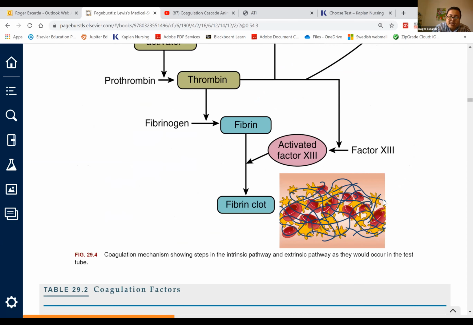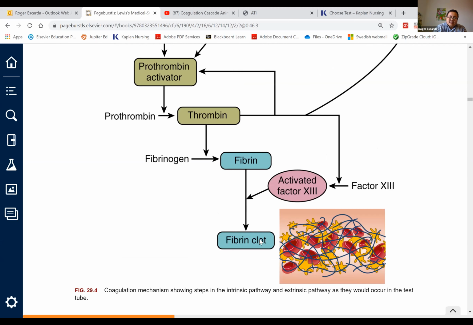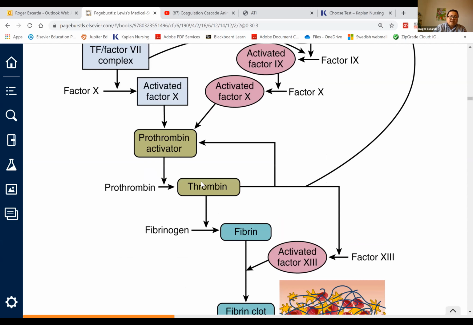You see these strands holding together the platelets and the red blood cells? This is now a fibrin clot. So you need these strands, called fibrin, which is formed from catalyzing thrombin. This is now the part where your anticoagulants matter.